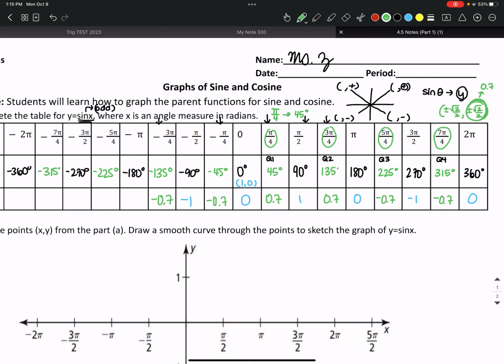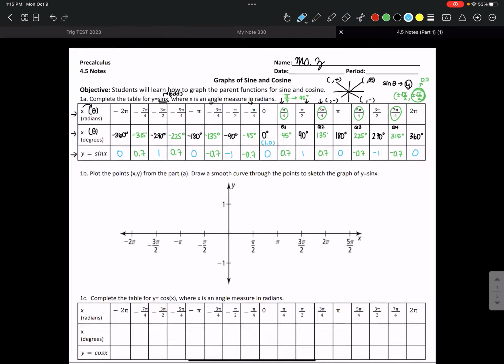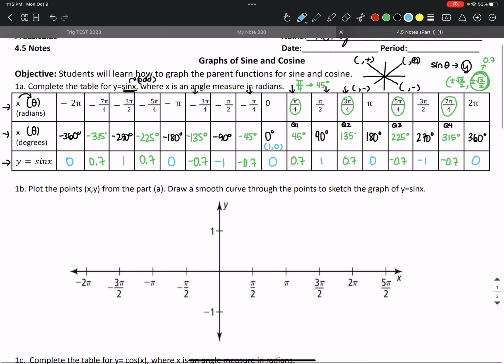So I have negative 180 and 0, negative 225 and positive 0.7, negative 270 and positive 1, negative 315 and positive 0.7, and negative 360 and 0. Then I'm going to plot these on the graph below.